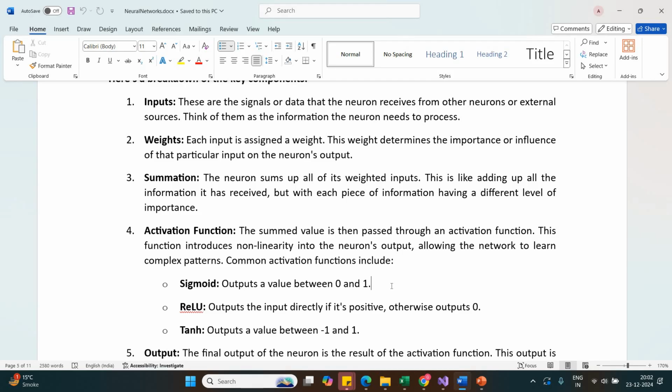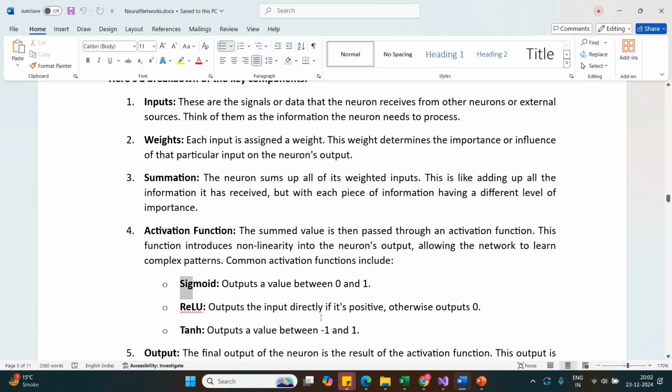So these are the complex things, the complex patterns with respect to an image. So by introducing non-linearity, you are introducing more complexity so that your model can learn the complex patterns, right? These complex patterns are identified using the activation functions.